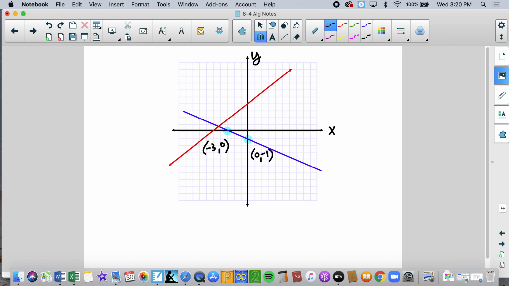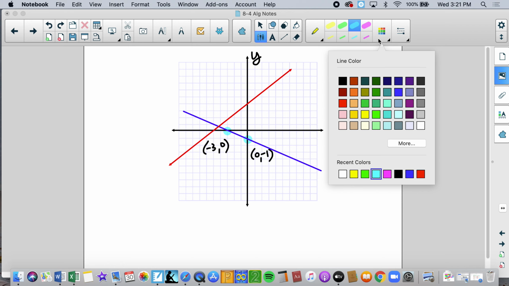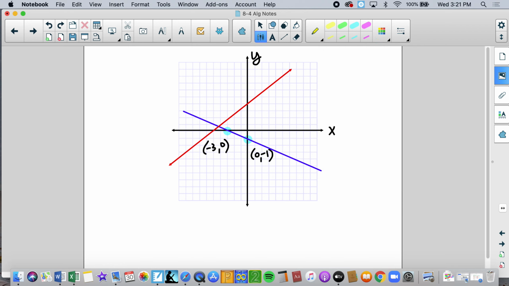Let's look at the red equation, or red line. And there's our y-intercept. Here's our x-intercept for the red line. And if we look at those coordinates, the y-intercept is going to be (0, 4). So again, notice the x value is 0 for the y-intercept.